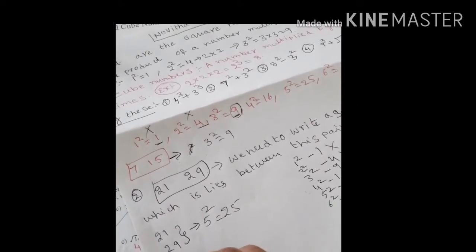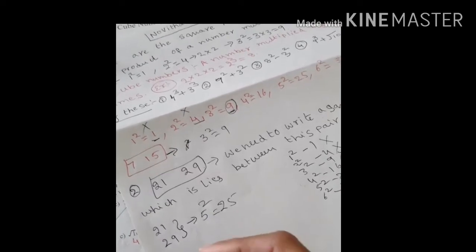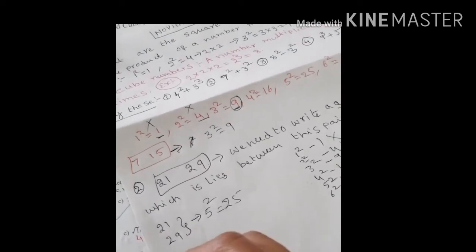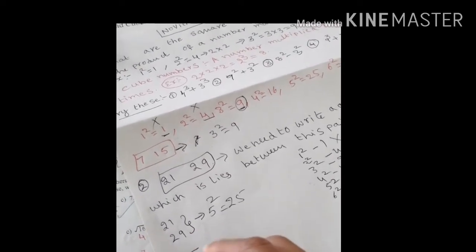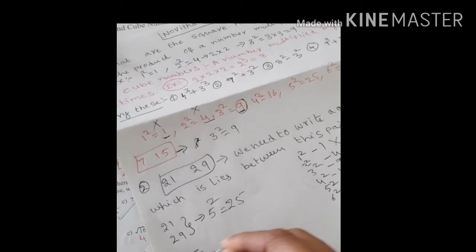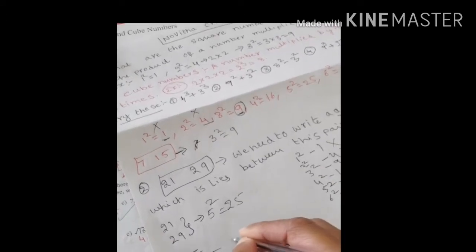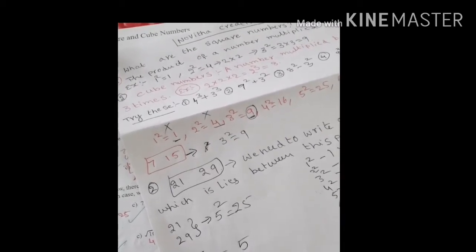And sometimes they will give in exam, find out the following. For example, root 25, you need to write as a whole number. So 5 is the answer. Sometimes they will ask the first 4 cube numbers.